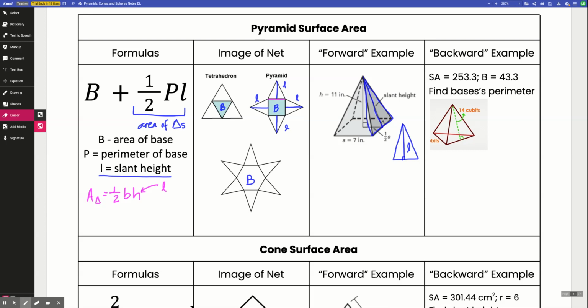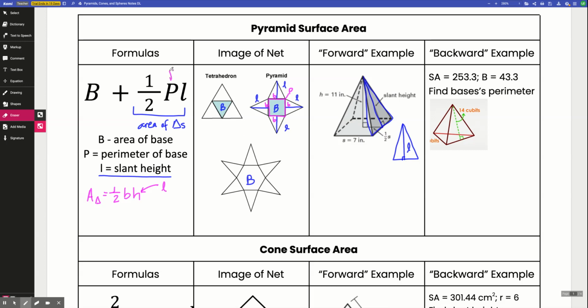Because if we have the perimeter of, say, this square right here, that's just all of the bases of each of these triangles added together. So the 1/2 perimeter times the slant height allows you to find the area of all of the triangles that make up the rest of the pyramid at once.